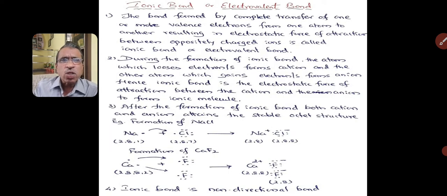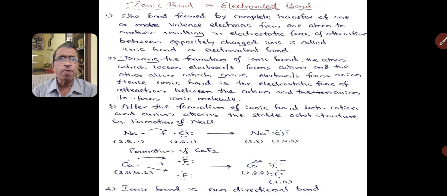Now let us study in detail about the ionic bond or electrovalent bond. The bond formed by complete transfer of one or more valence electrons from one atom to another, resulting in electrostatic force of attraction between oppositely charged ions, is called ionic bond or electrovalent bond.